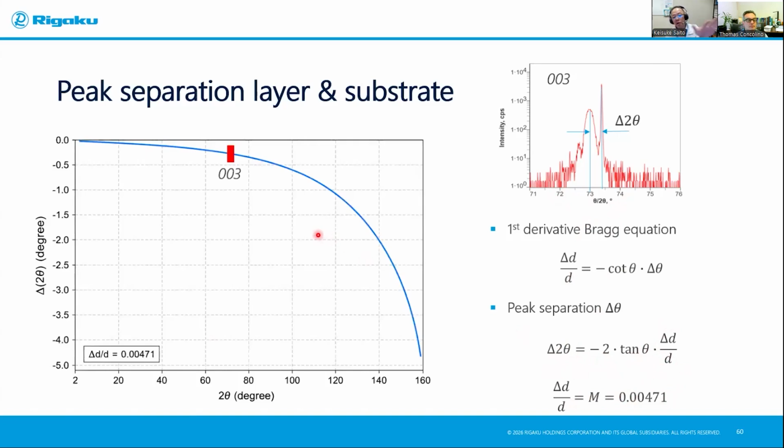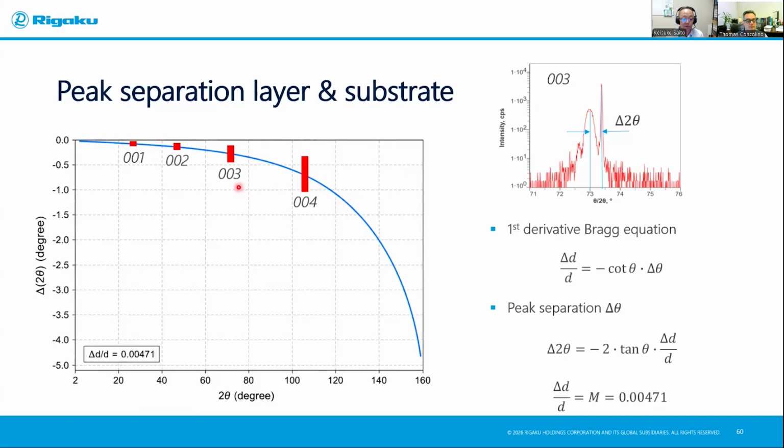So this is showing how much the peak separation between the layer and the substrate is, depending on the 2 theta angle. As you see, if you go to lower angle, the peak separation goes smaller. If you go to a high angle peak, the separation gets larger. So this red bar is showing the peak separation so that you can see both on this graph.